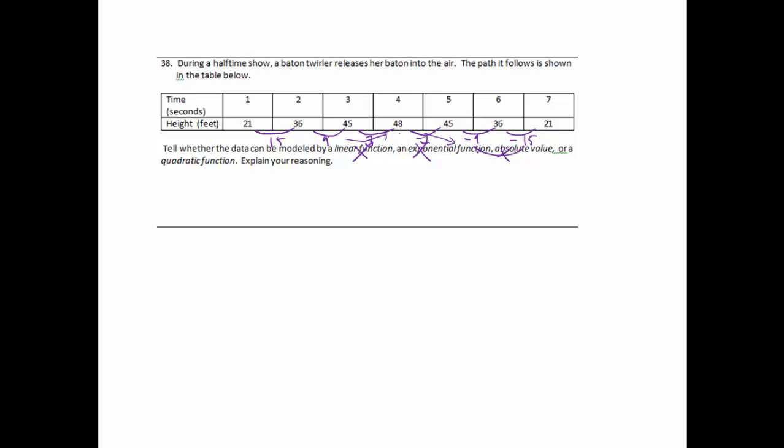So if I subtract again, I'm going to get -6, -6, -6, -6, -6. So I did get a constant second difference. So this is quadratic, and I'm just going to say it's because I got a constant second difference.